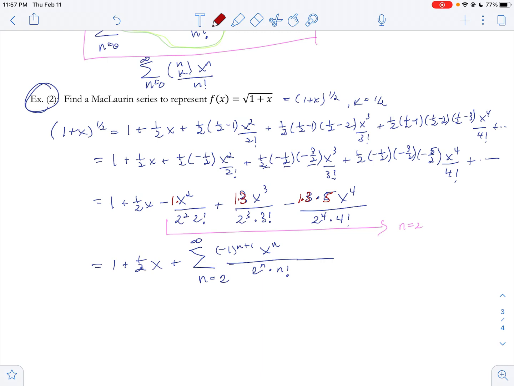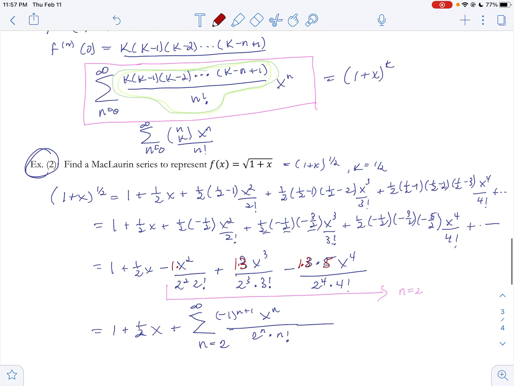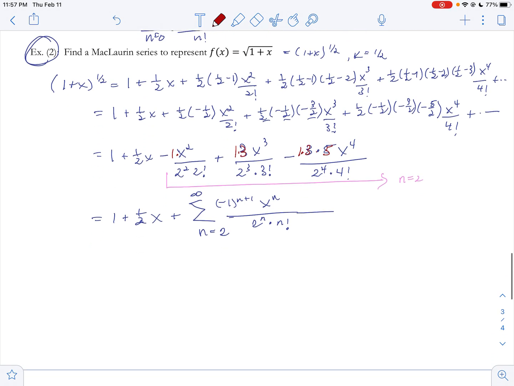So we can't use factorial notation. So we have to come up with another way of representing that set of numbers, in a similar way to what we did above when we were looking at the k's, although it's a little easier. So the easiest way is just to write, okay, I go 1 times 3 times 5, and then I'm going to keep going until I get to something.